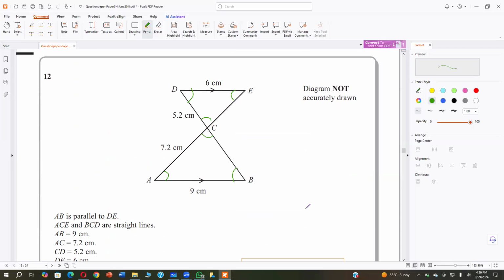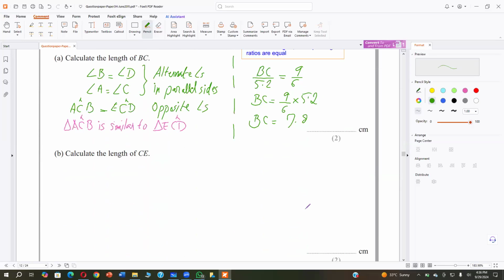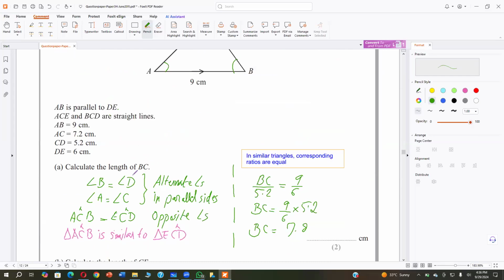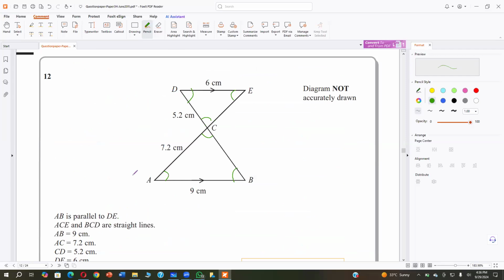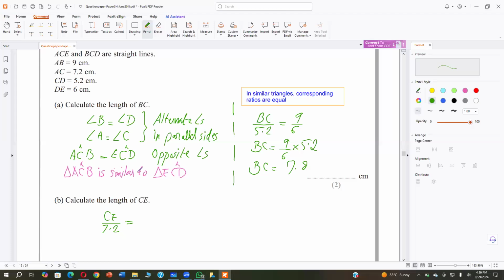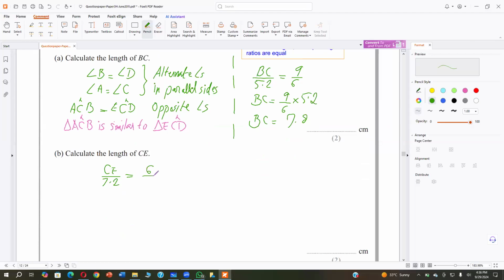I was thinking to apply the same method, corresponding ratio, CE upon 7.2 is equal to 6 upon 9. Now look at this.